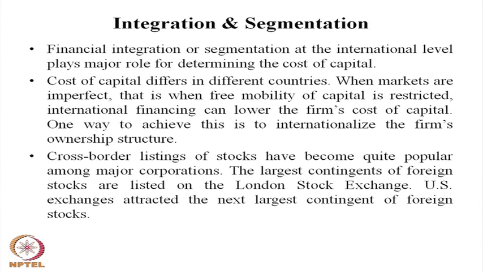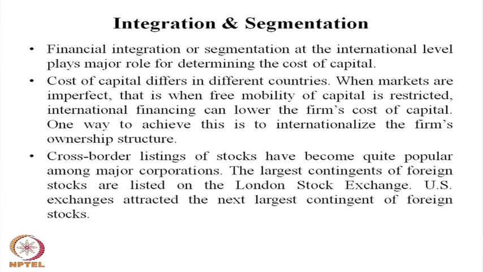So, there is a degree of integration and a degree of segmentation, and always there is room for the company to reduce the overall cost of capital by diversifying their domestic capital structure and putting international debt or international equity in the domestic capital structure itself. When they diversify the capital structure by internationalizing the equity and debt, this provides a difficult situation for the company to handle the overall cost of equity.